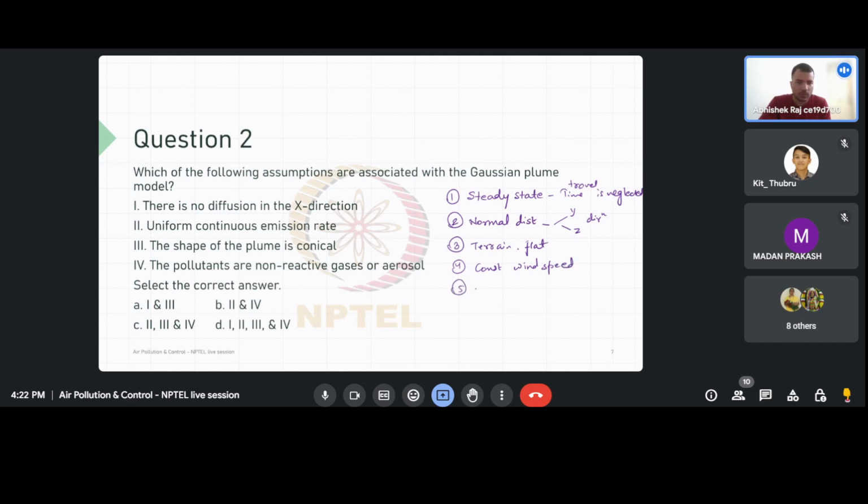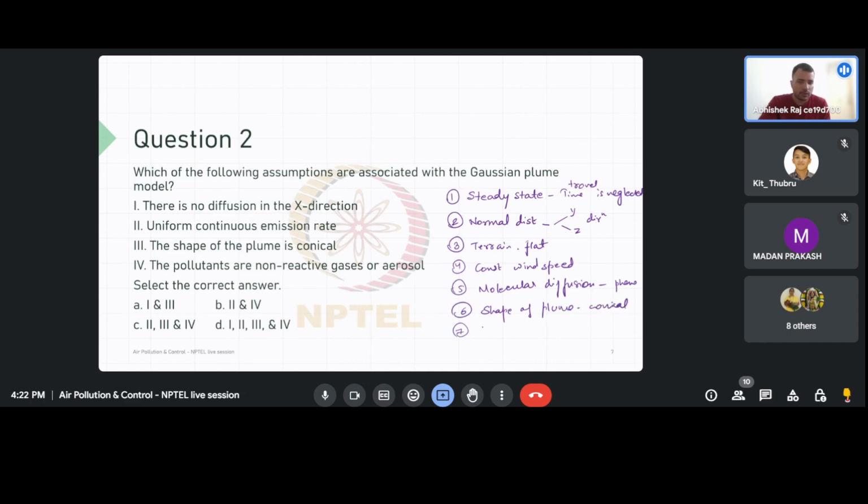Then we will assume molecular diffusion. Actually, this will be one of the first ones. So this will be the phenomenon for dispersion, molecular diffusion. Then we will assume the shape of the plume, which will be conical.